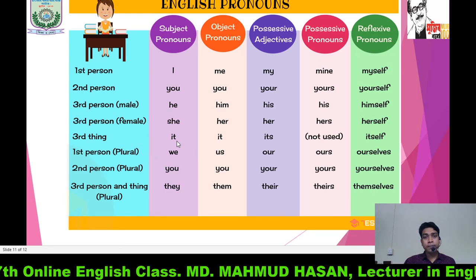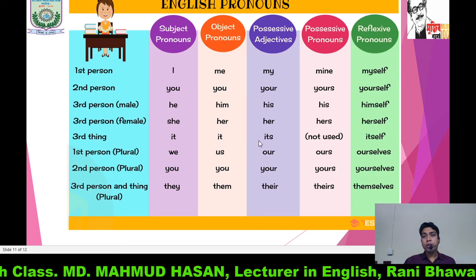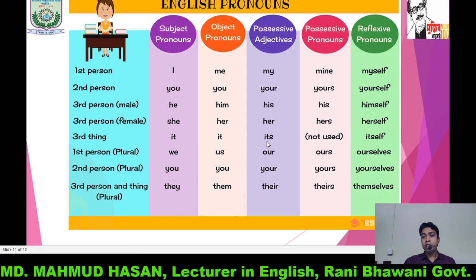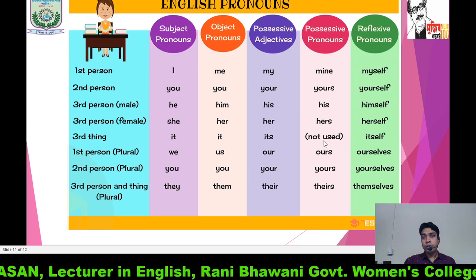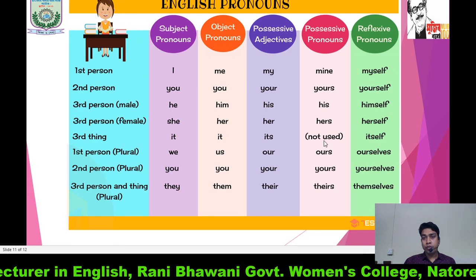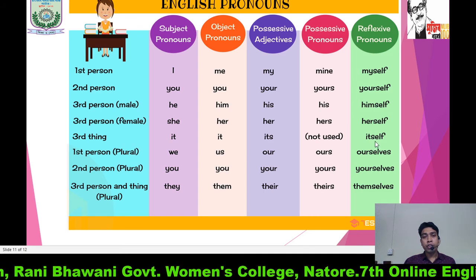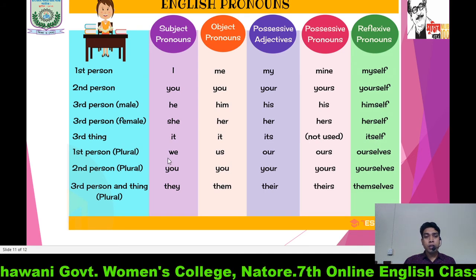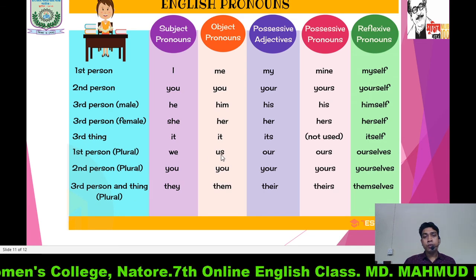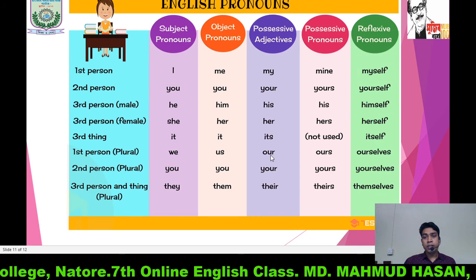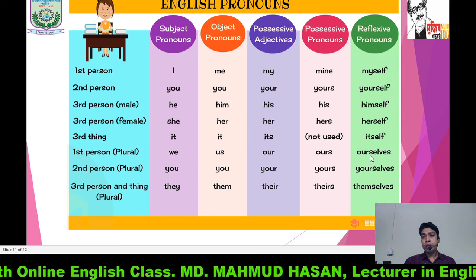Third thing, subjective form it, objective form it, possessive adjective its, but it has no possessive pronoun form, and reflexive pronoun itself. Likewise, first person plural we, objective form us, possessive adjective our, possessive pronoun ours, reflexive pronoun ourselves.